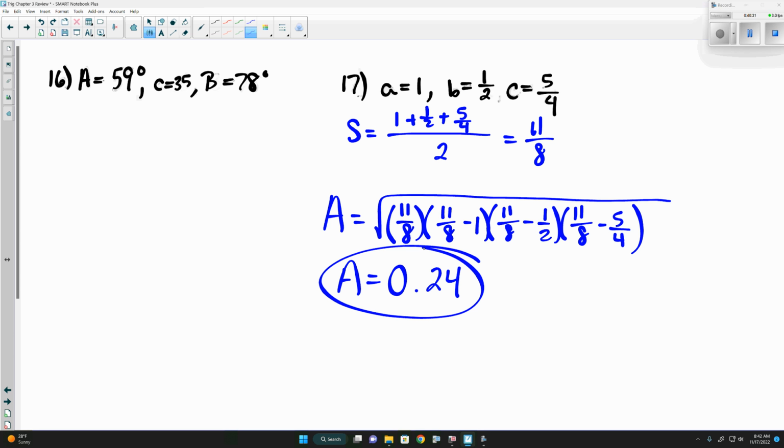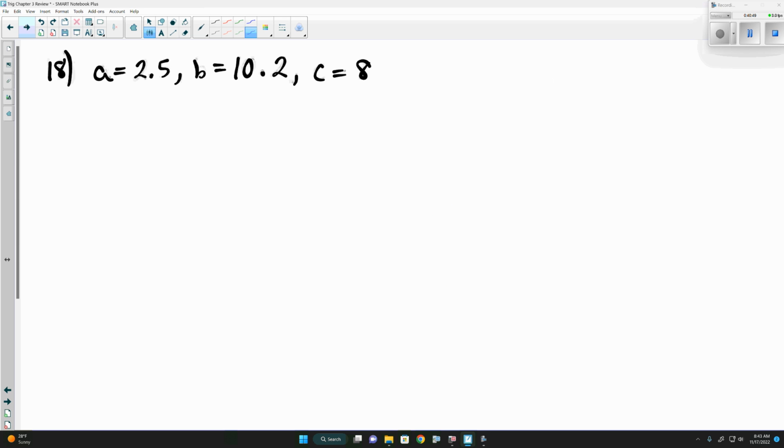Now I would make sure that you do have the area formulas written down so that you have the correct ones to plug the numbers into, because neither version of the area formula is terribly difficult if you have the formulas. If you don't have the formulas, it'll make them a lot harder to solve. 18 is exactly the same as 17.